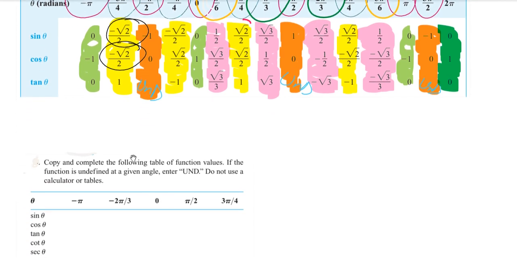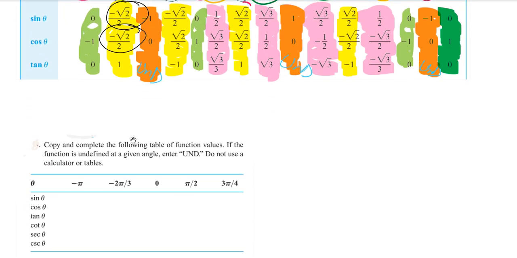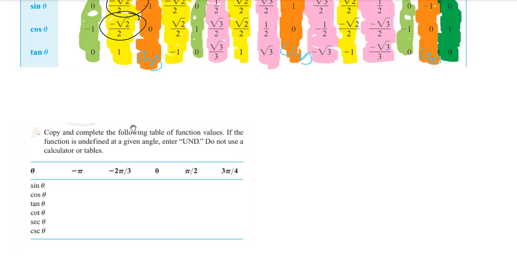Okay, here's an example that we need to do. You have to find out the values for sine negative 180. Okay, so we know that negative 180 degree is absolutely in the negatives, in the opposite direction of positive 180 degree.